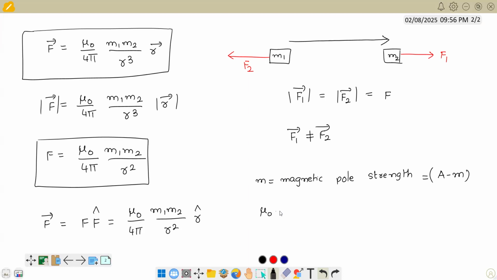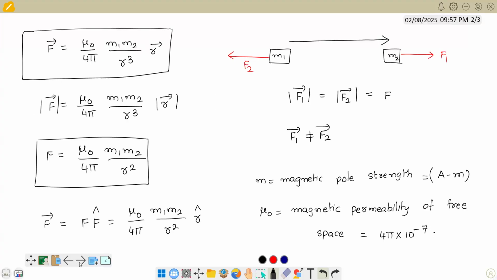By now you should know this, you have studied in moving charges and magnetism. So mu naught is the magnetic permeability of free space, and the value is 4 pi into 10 power minus 7.